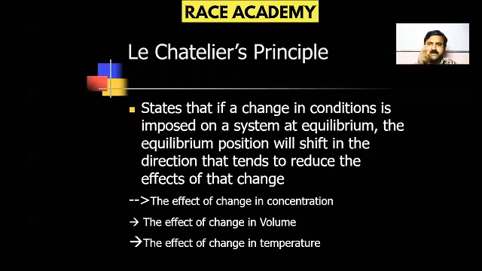If you bring a change in the concentration of a chemical reaction at equilibrium, the equilibrium tries to reduce the change applied. When you increase the concentration, equilibrium moves in the other direction to reduce the change. That's what is called Le Chatelier's principle.